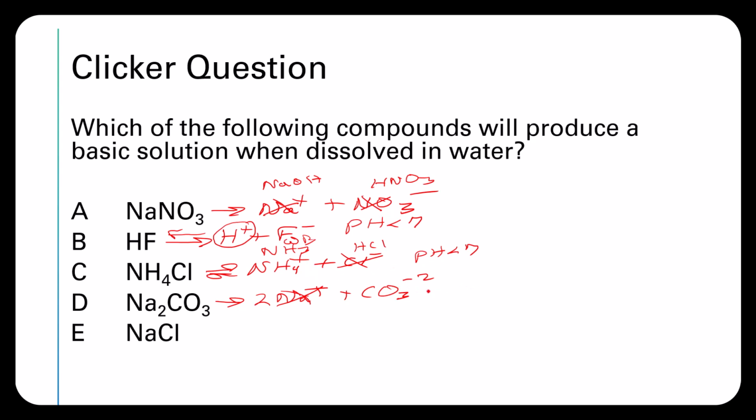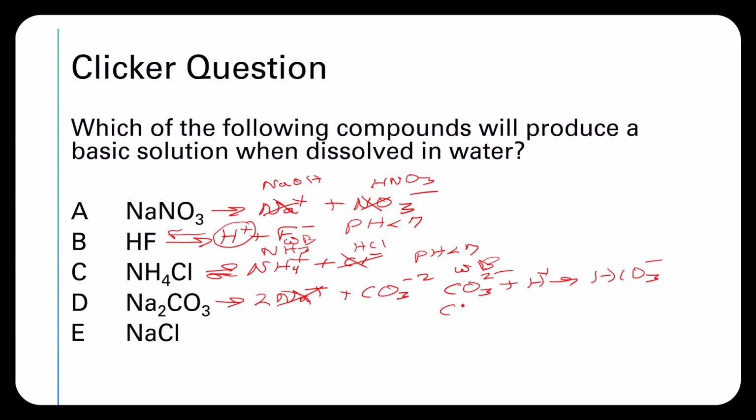The carbonate, on the other hand, is the conjugate base of, if we take a look at it, I'm just going to add a proton to it, see what it's the conjugate base of, HCO3 minus 1. We can consider in this context that the carbonate ion is the conjugate base of a weak acid, therefore it is a weak base, and it's going to cause the solution to become basic.